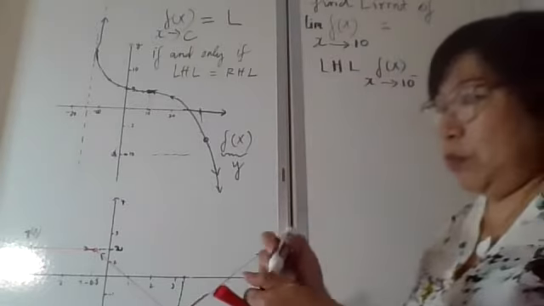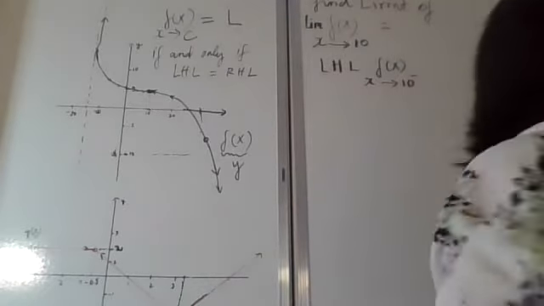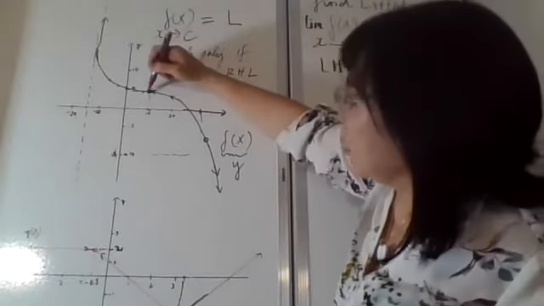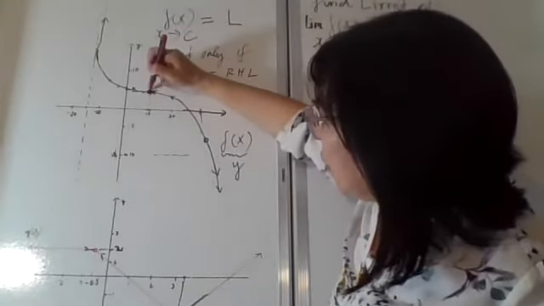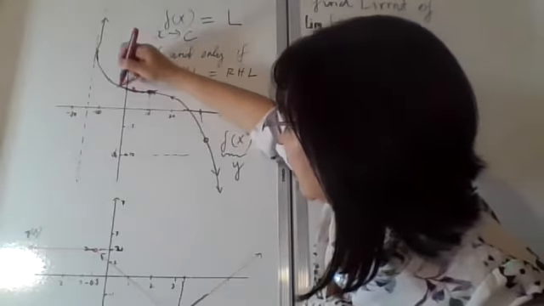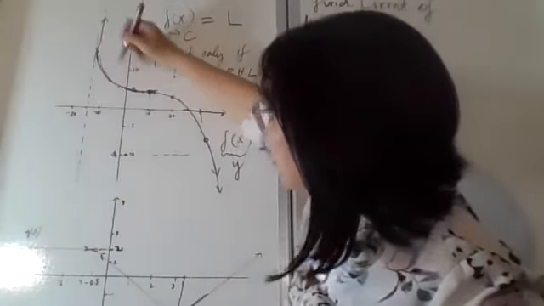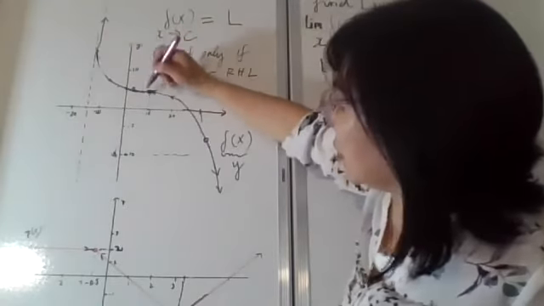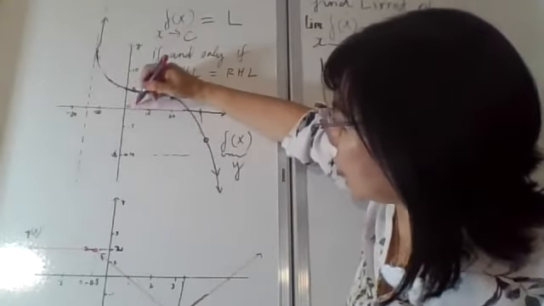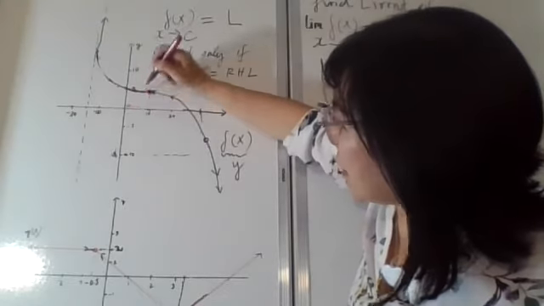So if we talk about the left-hand limit, then we have to look at the function at that point, but on the left side of the function, which is this part, right? This part of the function, okay? And we look at this point, when x from 0 approaches here, this level.